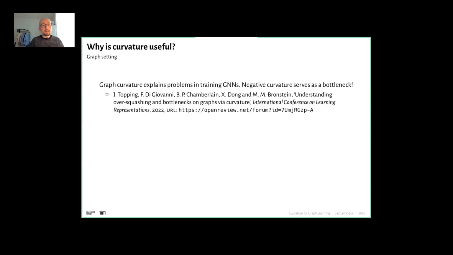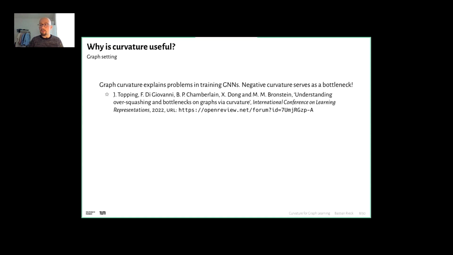Now, why is curvature useful in the graph setting? We'll delve into this a little bit more, but I want to already give you some hints as to where people have been using this. There's a great paper by Topping and colleagues where they discuss these graph curvature notions, in fact the Forman-Ricci curvature, which is why I included it here, in understanding certain phenomena when doing graph learning.